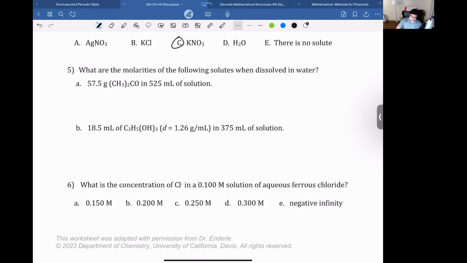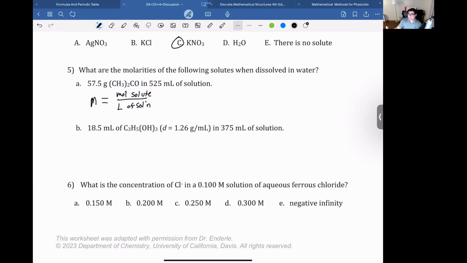Question 5 says, what are the molarities of the following solutes when dissolved in water? We have that many grams of CH3COCH3 in 525 milliliters of solution. To find the concentration, molarity is equal to the moles of solute over liters of solution. So first we have to find moles.